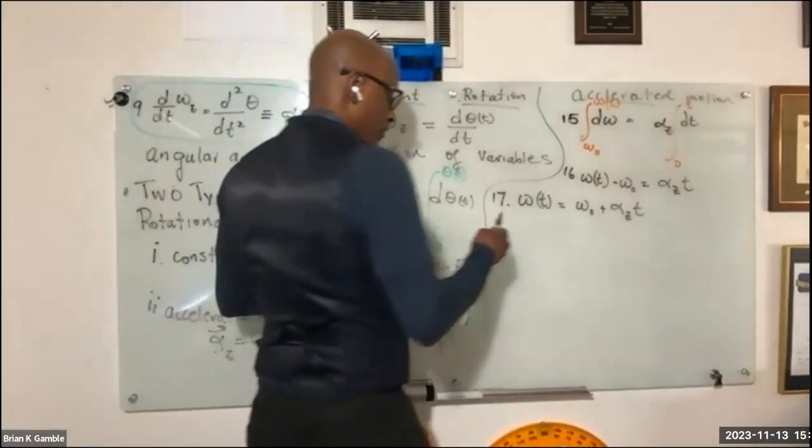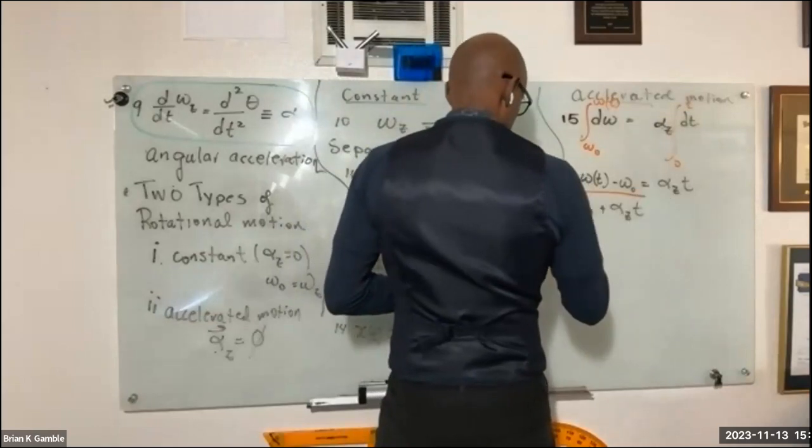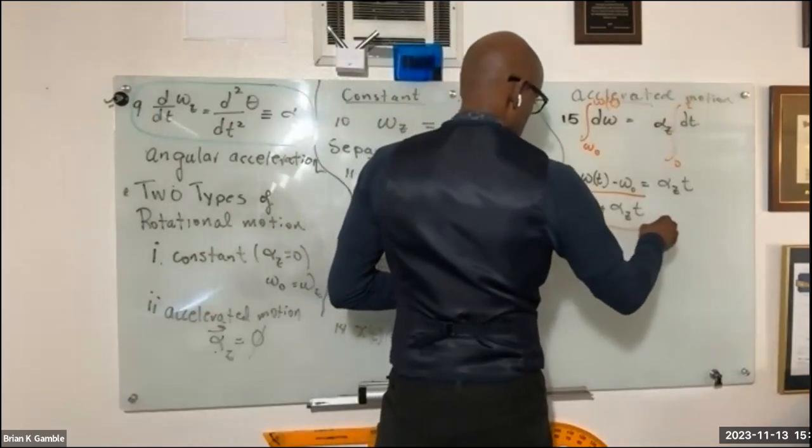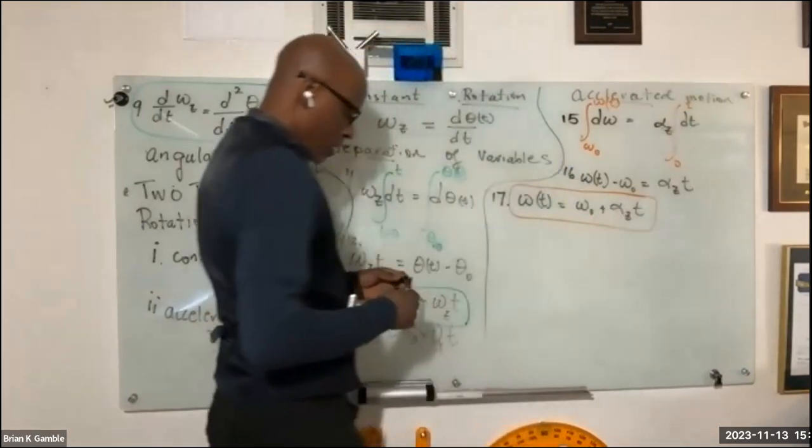You can see that's the velocity equation for constant acceleration.